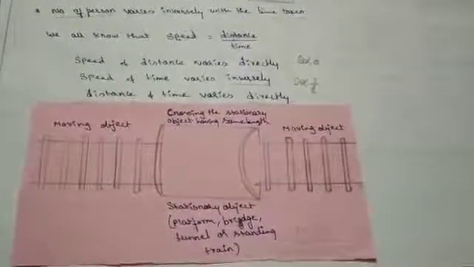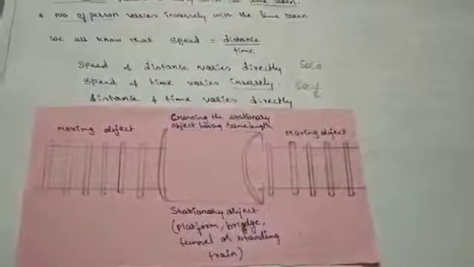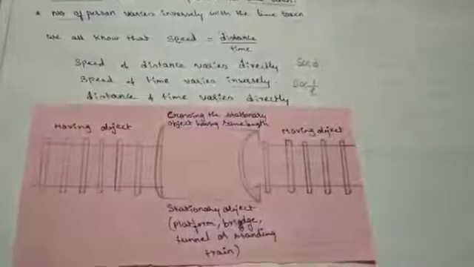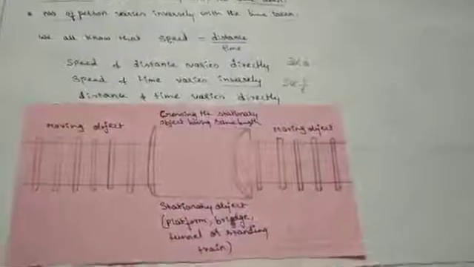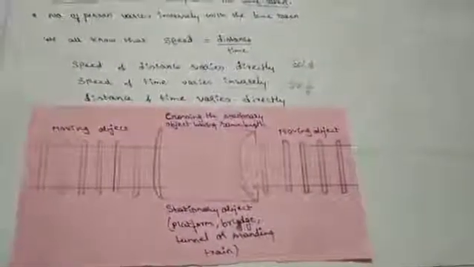If the objects are stationary objects like a pole, a man standing on the platform or a tree, you are not supposed to add their distance to the moving object because they have negligible distance compared to the moving object. This also we discussed in the previous class.